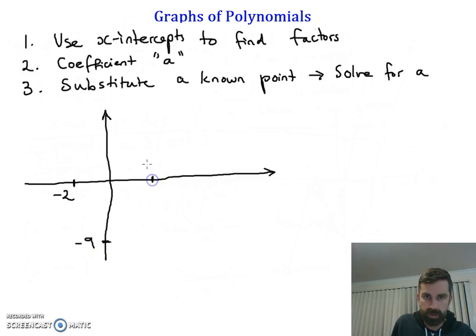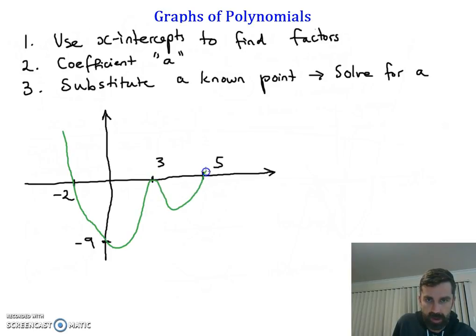Another x-intercept at 3, and another one at 5. So I'm going to come down through -2, come through that y-intercept. I'm going to come back up and touch at 3, and then go back up and through 5.